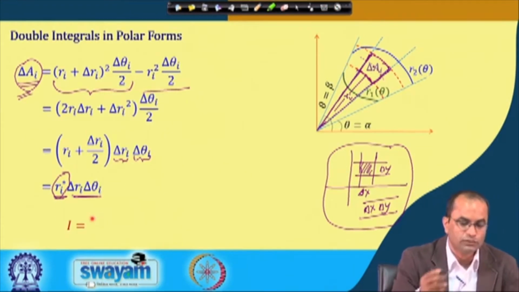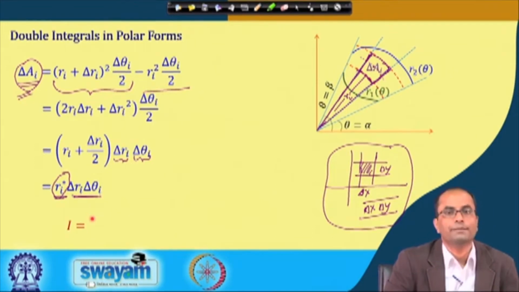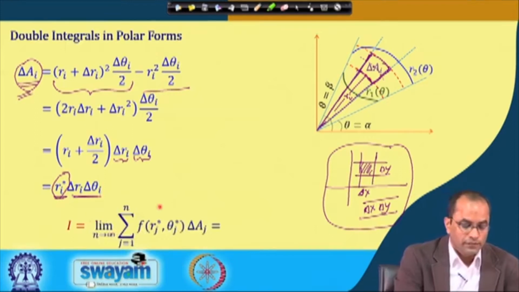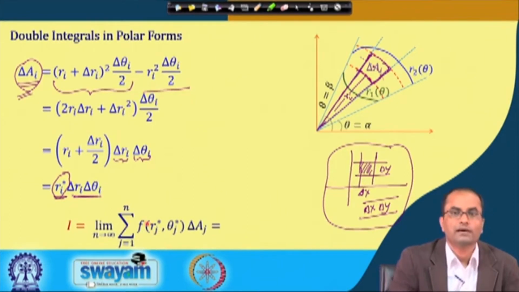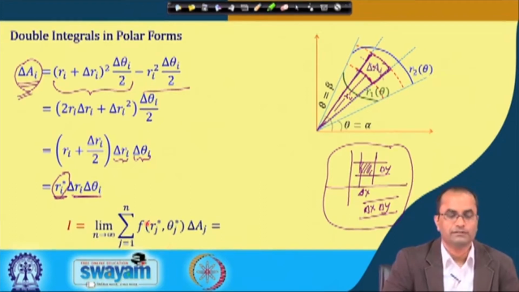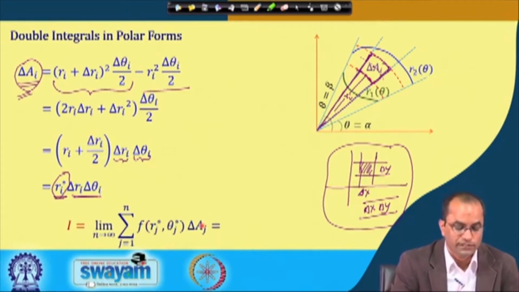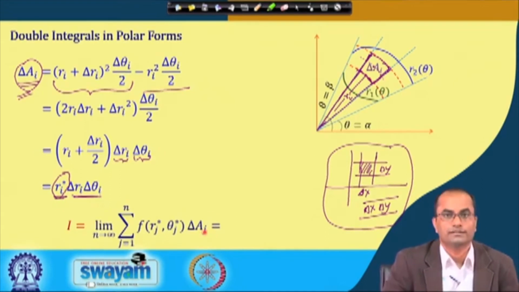Because of this, we will now define the integral I over this domain, which is described in the polar form by these limits. We will do the same as before. If a function is given, we will compute that function value at a point r_i, theta_j somewhere in this region, multiplied by this delta A_j, similar to the Cartesian one.